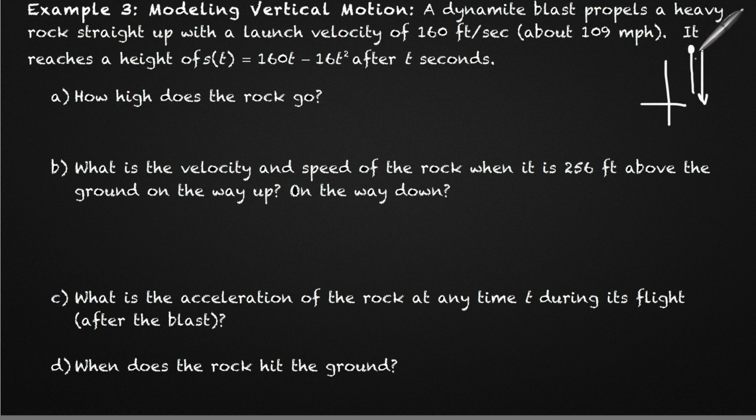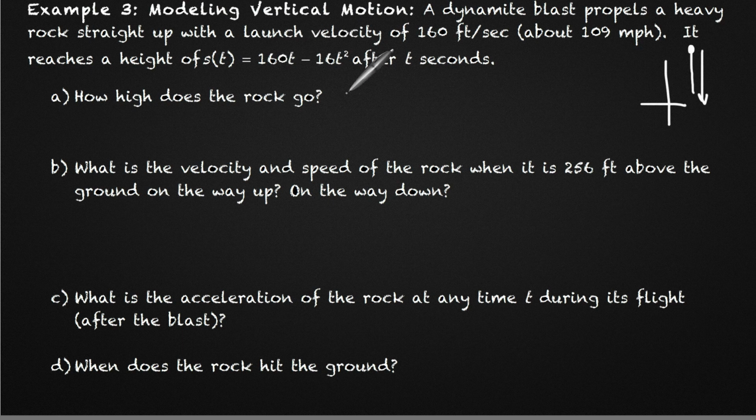So at the very instant where it reaches its max, the velocity is 0. That is consistent with what we've been learning in class, where at a maximum point on a graph, the slope is equal to 0. So how high does the rock go?